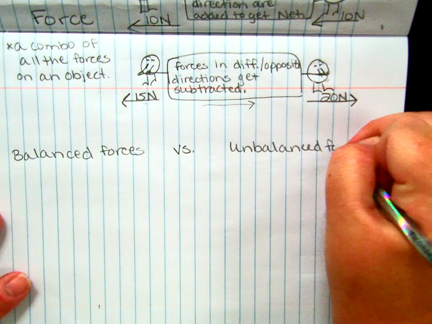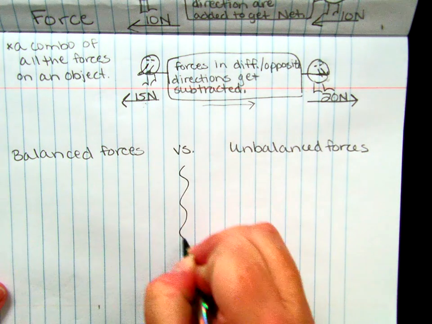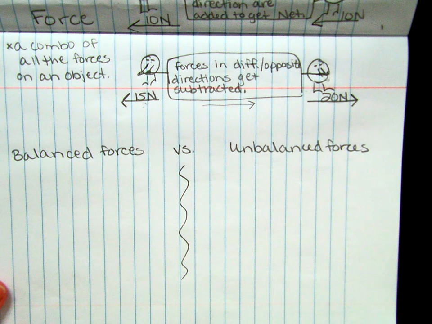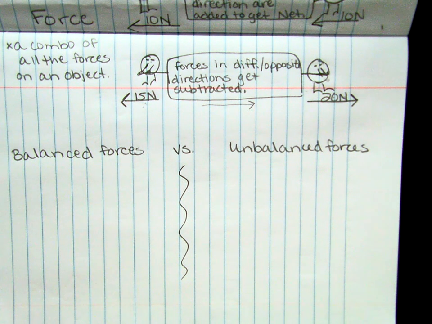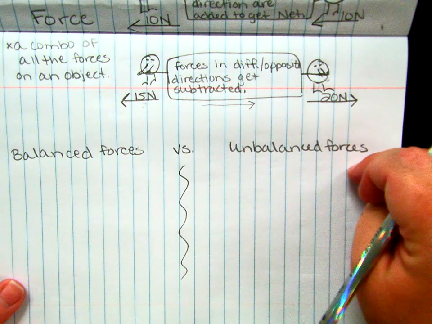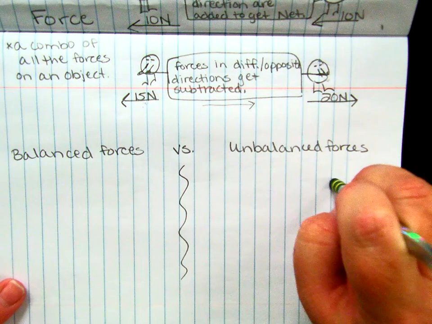So we're going to split our page down into two here for a second. So let's talk about what balanced means. So we all know if something is balanced, they're equal, and unbalanced would mean unequal. So when we're talking balanced forces versus unbalanced forces, we're going to say, are the forces equal or are they not equal?